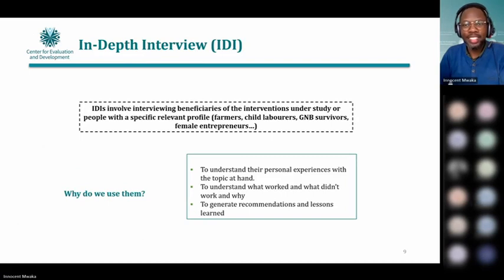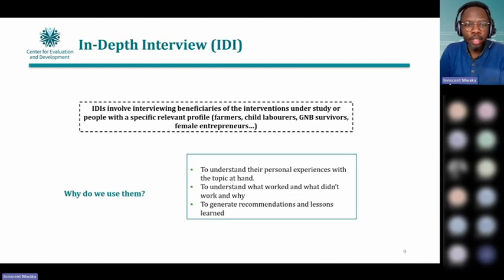Yes, that's a very good question, and in many cases, people also struggle with that. But what we are doing here at C4ed is we look at how the World Bank approaches this. So when we talk about key informant interviews, for the sake of categorizing, we look at mostly people in positions of implementation.